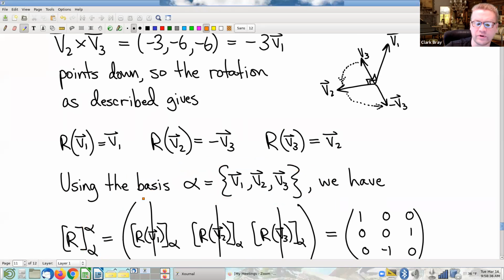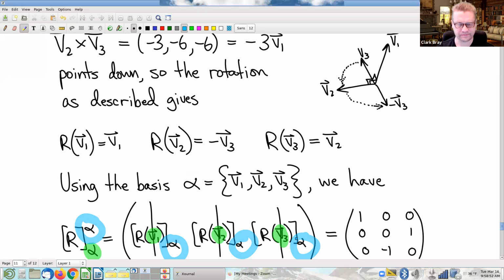Do remember that the process there is whatever input basis we have, those are what we put into the linear transformation, and then we look at the outputs and we write those outputs in the language of that output basis.